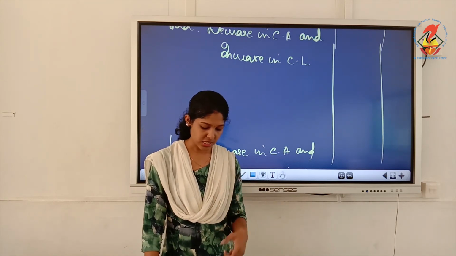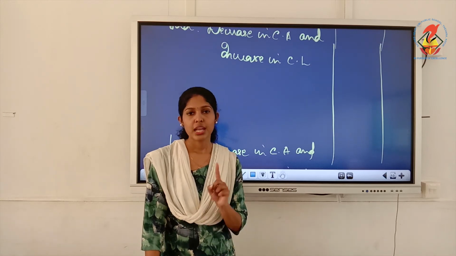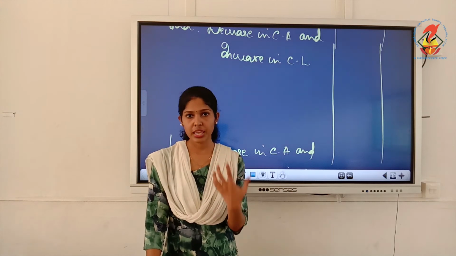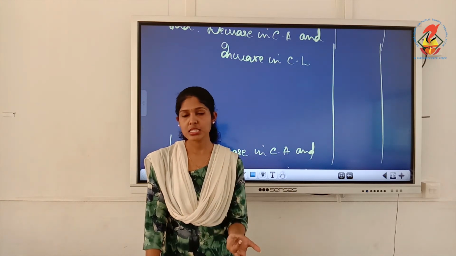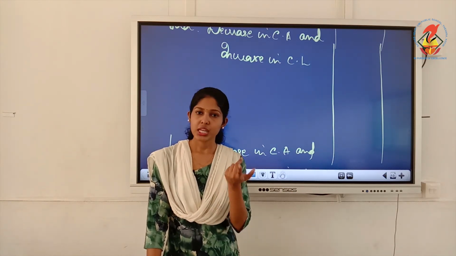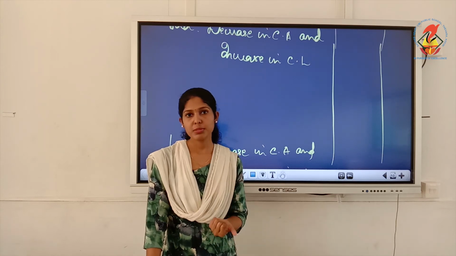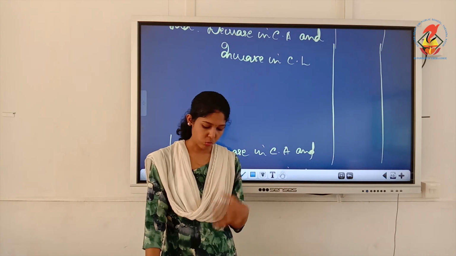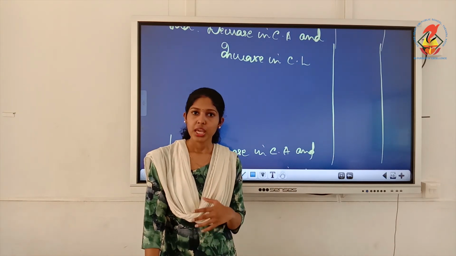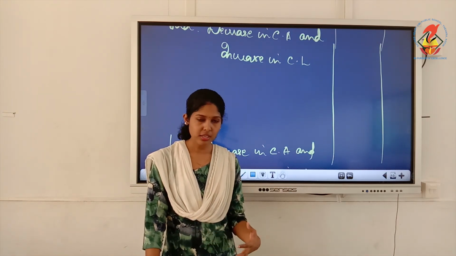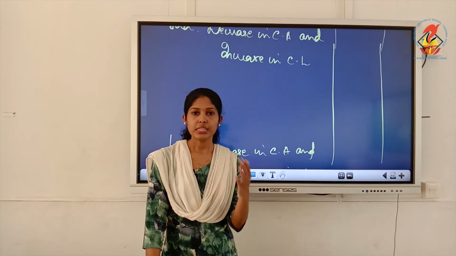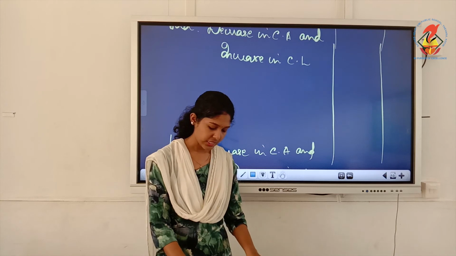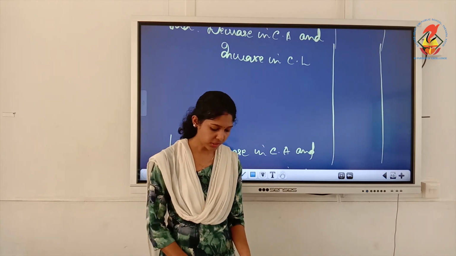At the same time we have to exclude current investments also, because cash and cash equivalents include cash in hand, cash at bank, current investments, marketable securities and short-term deposits. So all these five will be included in cash and cash equivalents. So current investments you have to exclude, it is a part of cash and cash equivalents. Understood?